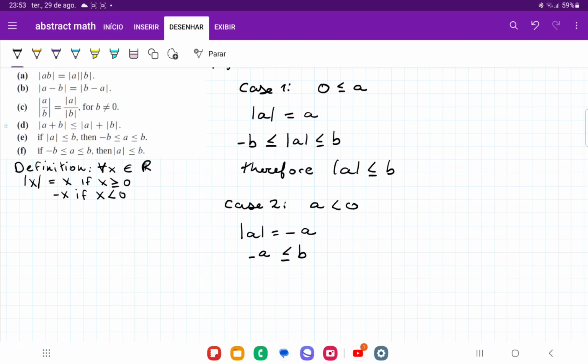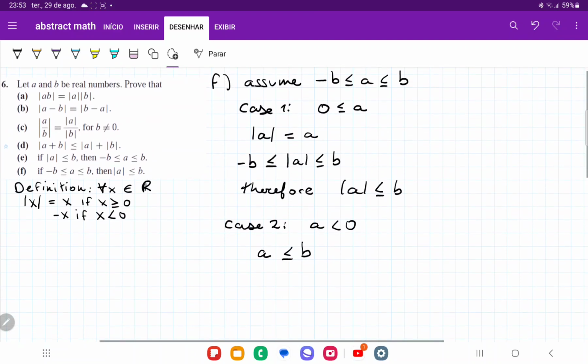Let me see if that is correct. B is greater than or equal to minus A. I feel like there is something wrong. No, I should have skipped this step actually. Case 2, A is less than 0. Okay, so in the case where A is less than 0, it means that B is greater than or equal to A, right? B is greater than or equal to A.